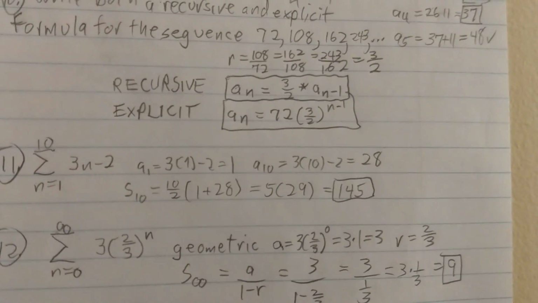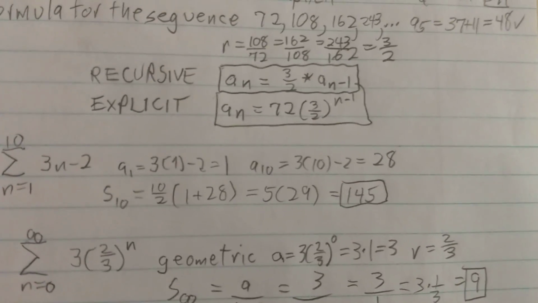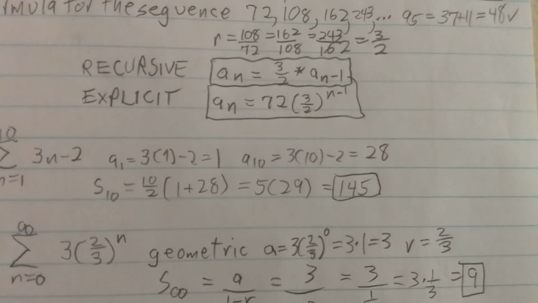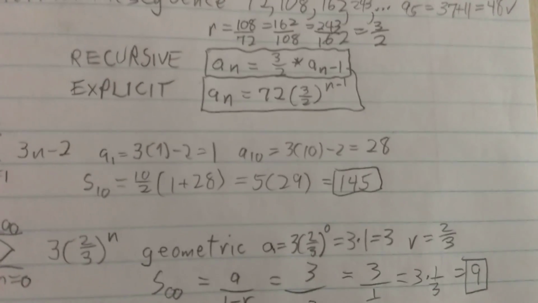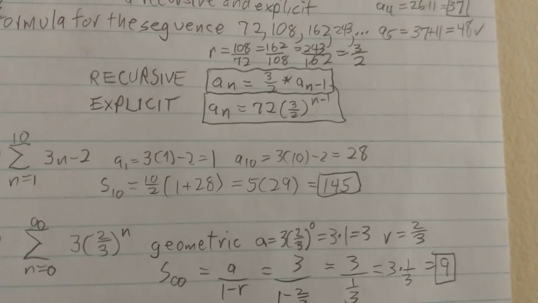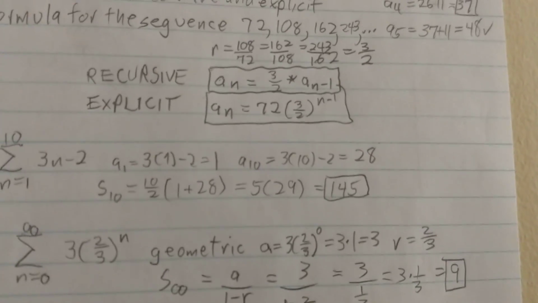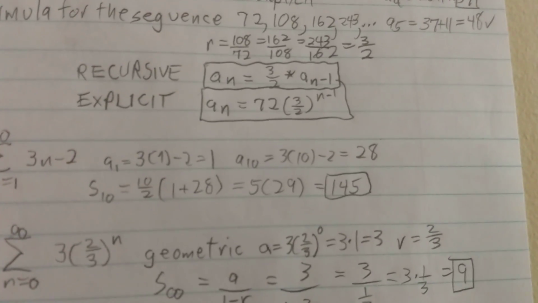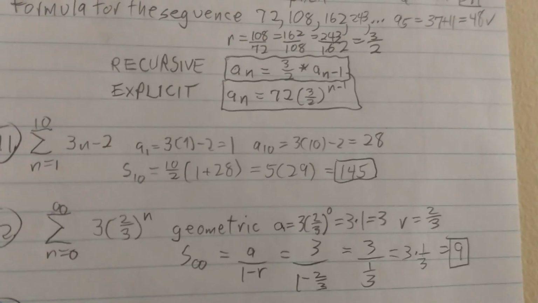So we're going to try the geometric and see if 108 over 72, which simplifies to 3 halves, is equal to 162 over 108, which again simplifies to 3 halves, is equal to 243 over 162, and indeed all three of those ratios, the next over the current, are equal to 3 halves, which gives us a geometric sequence.